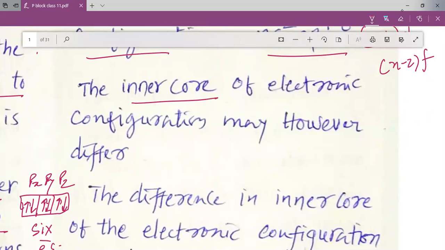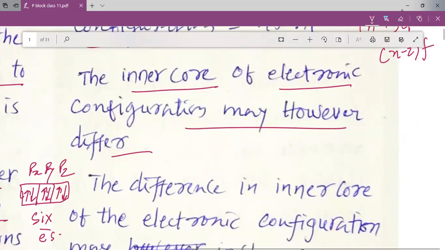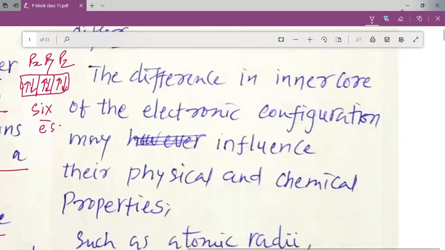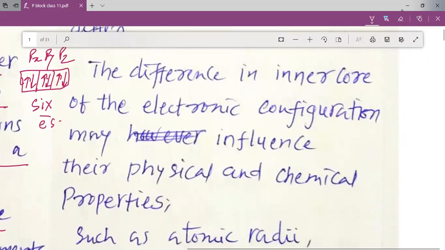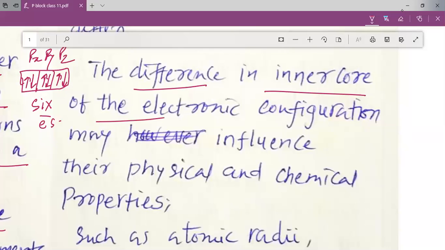The inner core of the electronic configuration may, however, differ. This inner core means the d and f orbitals are also present, and that is why the electronic configuration differs from the general electronic configuration. The difference in the inner core of the electronic configuration may influence their physical and chemical properties.